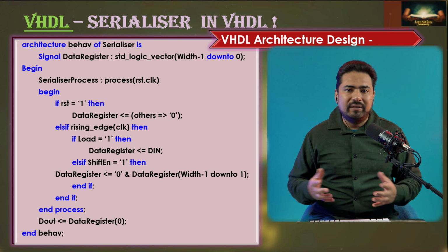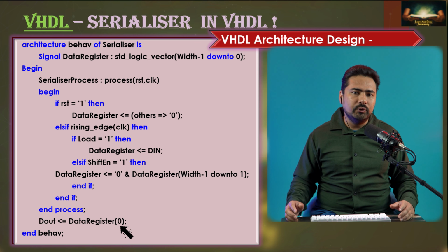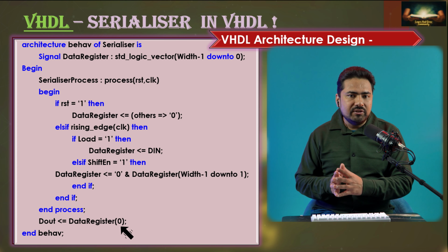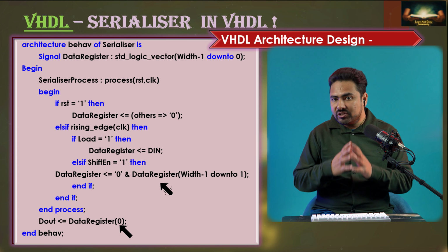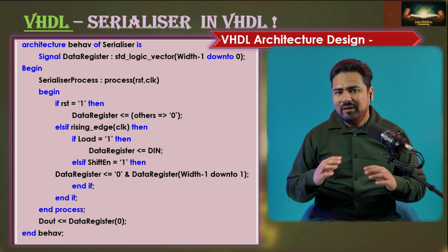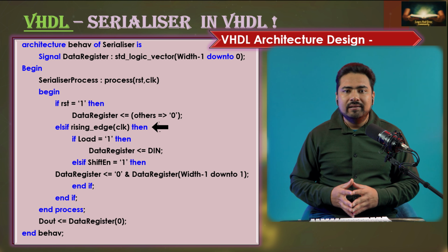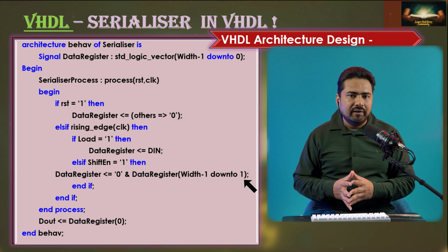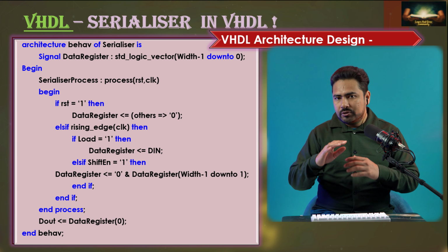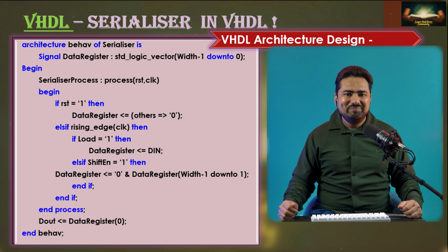Well, that's true that we have hard-coded bit 0 to be transferred at the output. But this bit 0 of the data register is getting shifted by 1 bit at every clock cycle. So at each clock cycle, this bit will be overwritten by the following bit of your parallel data input. So this is how it works.